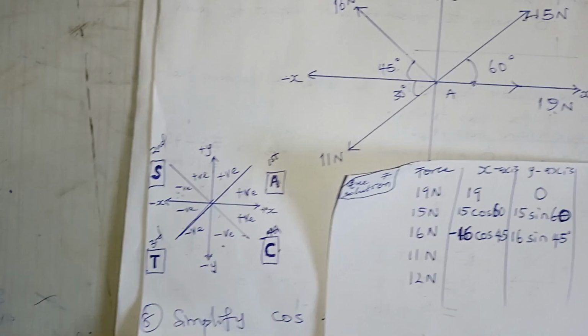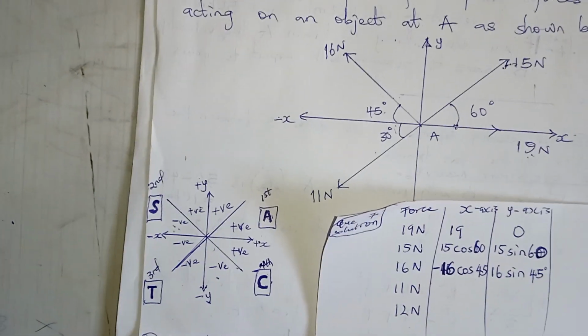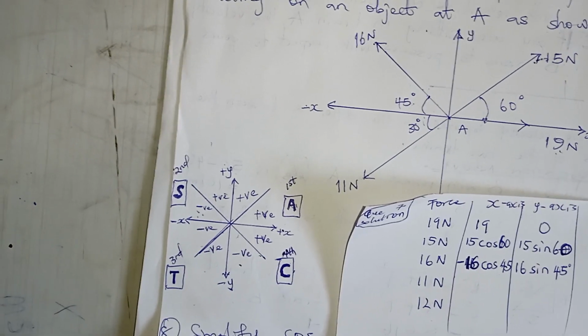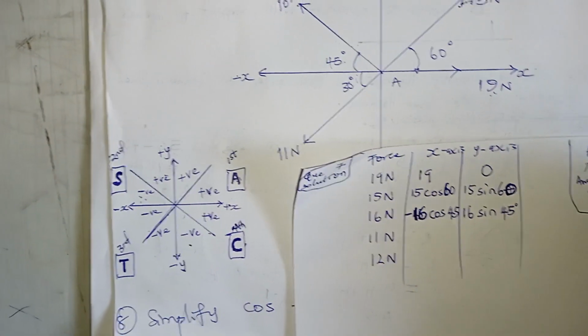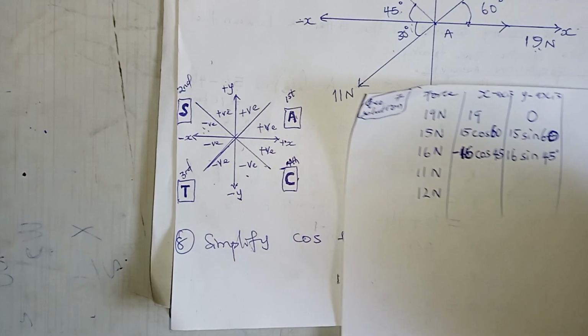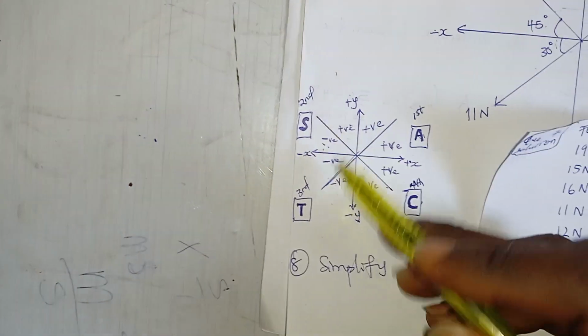If you check it, you see that sine 45 and sine 135 give you the same answer. So that means that you need to be obeying this rule.